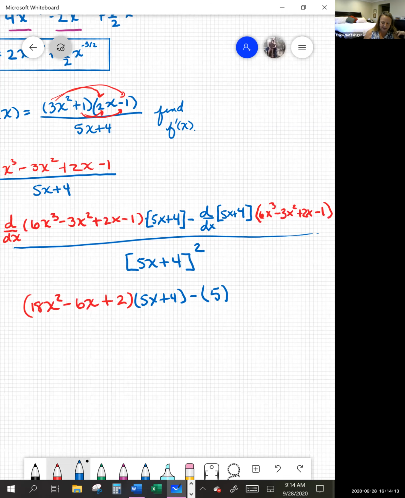So we just have that 5 times the numerator, 6x cubed minus 3x squared plus 2x minus 1, all over the denominator, 5x plus 4 quantity squared.